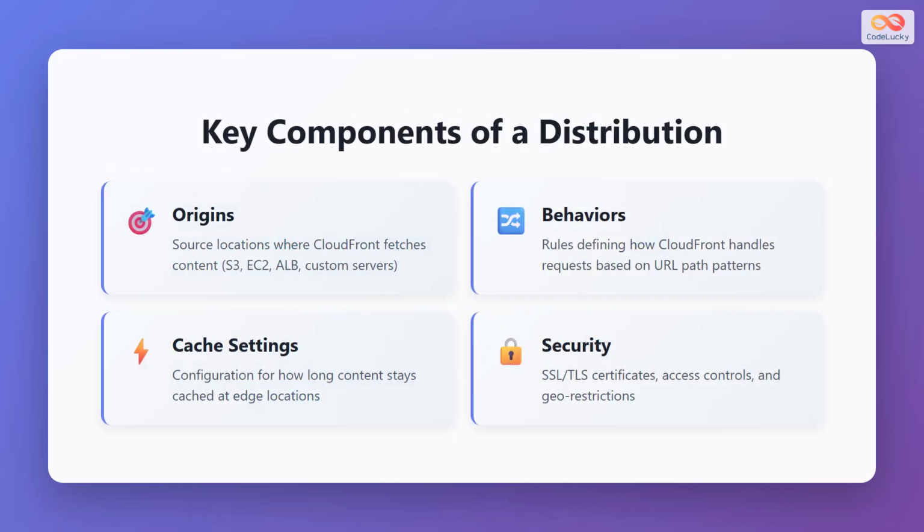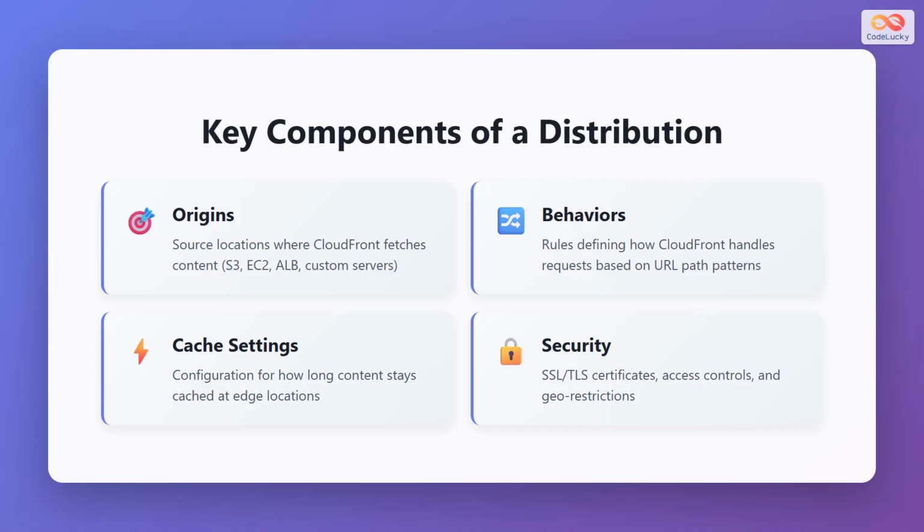Every CloudFront distribution consists of four key components. First are origins, which are the source locations where CloudFront fetches your original content. Origins can be S3 buckets, EC2 instances, application load balancers, or any custom HTTP or HTTPS server. Second are behaviors, which are rules that define how CloudFront handles requests based on URL path patterns.